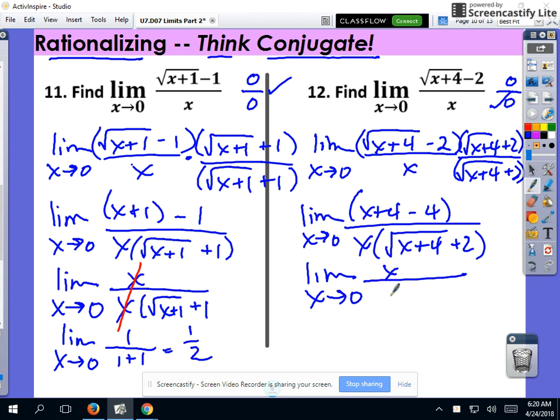I just got x over, and then this guy cancels. So plugging in 0, I end up with 1 over square root of 4, which is 2, plus 2. So my answer is 1/4.